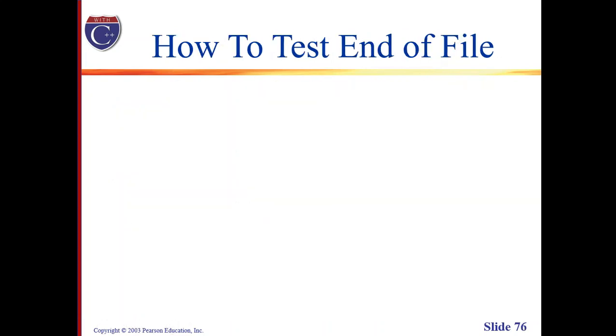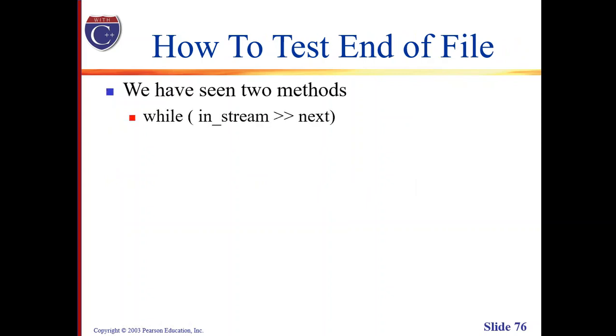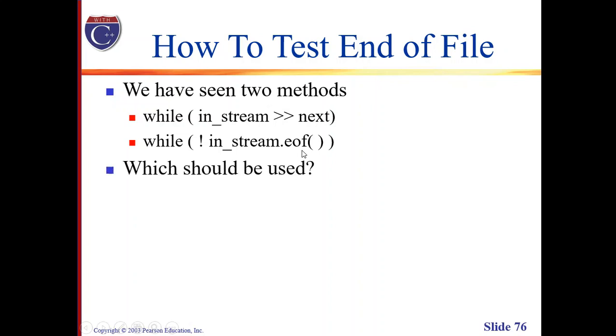So how do we test end of file? We have already seen two methods. The first method is to keep on reading our input stream until no character can be read from our input. The other method is to keep on reading our input file while the character is not the end of file. But which one should be used?